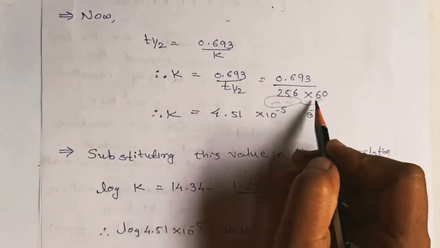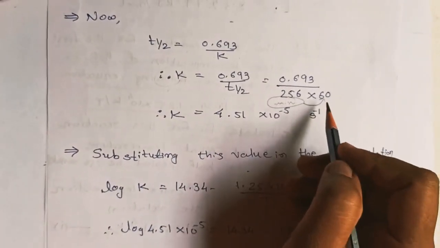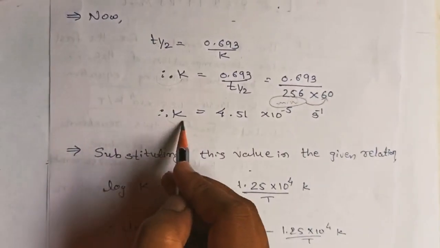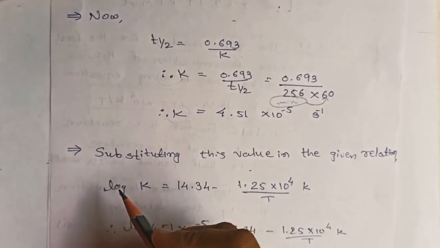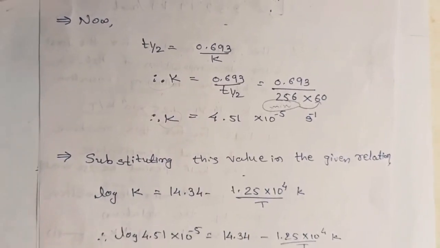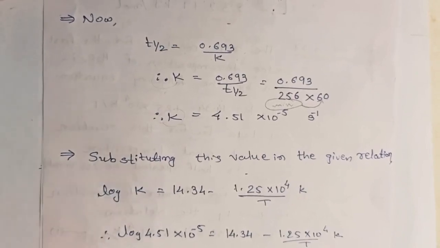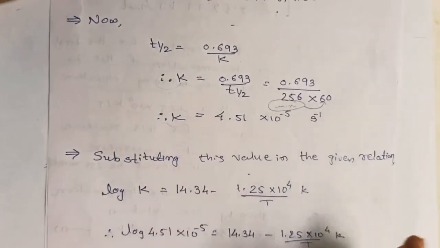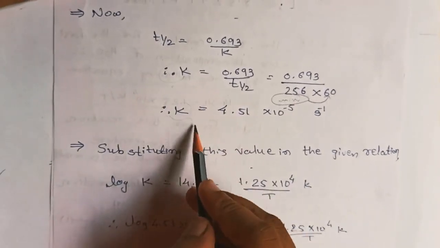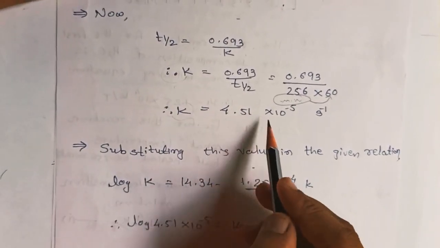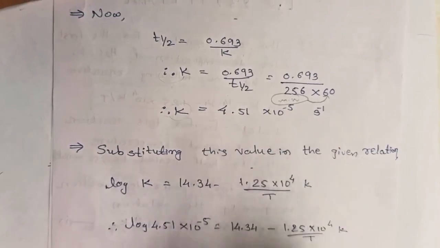We are converting this value into seconds because we are going to replace that value of k in the Arrhenius equation, and in the Arrhenius equation all terms have standard values, so we have to convert minutes into seconds. So k is equal to 4.51 into 10 to the power minus 5 second inverse.